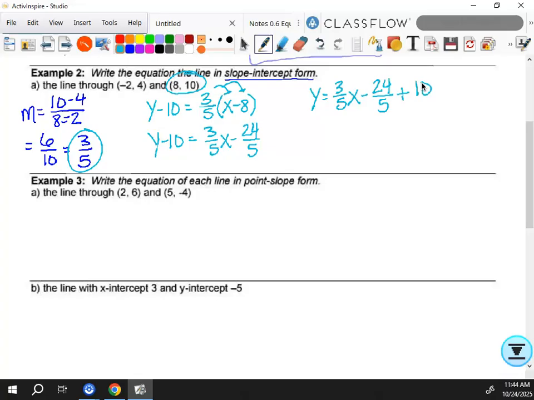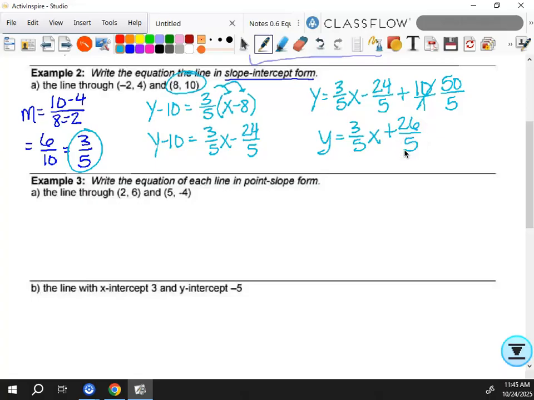All right, what do I have to do to be able to add that 10? What do I need? Common denominator, right? Which will be 5, so that makes this 50 over 5. So y equals 3/5 x plus 26 over 5.